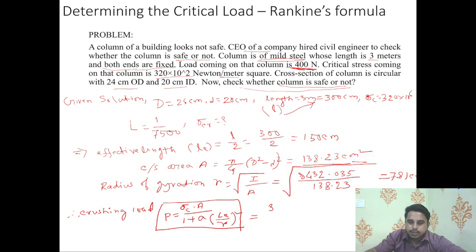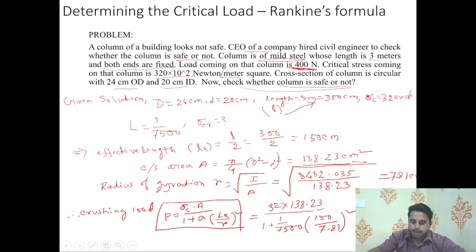So, 320 into 138.23 divided by 1 plus 1 divided by 7500 into 150 divided by 7.81 whole square. If we calculate this, we have the crushing load equal to 4216 Newton.